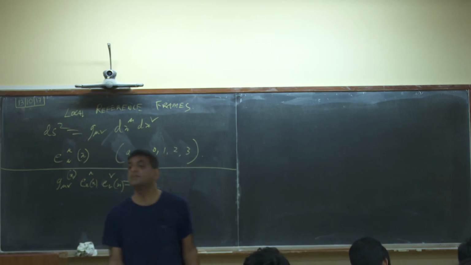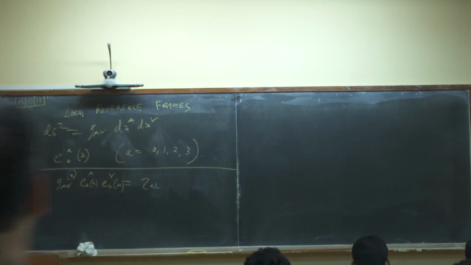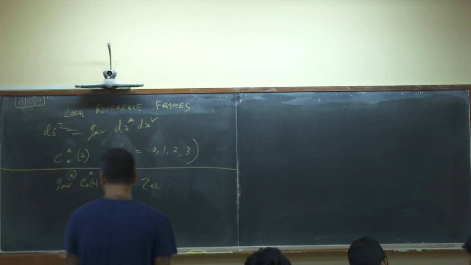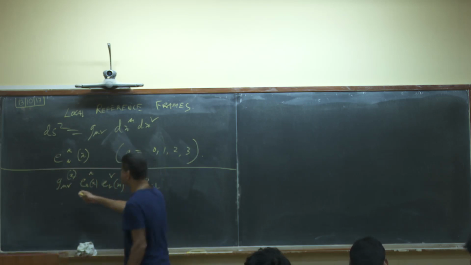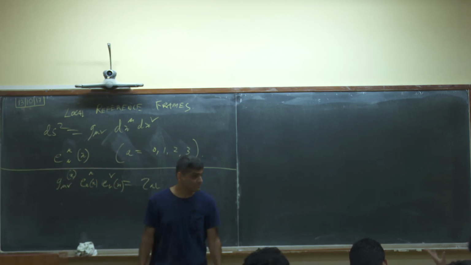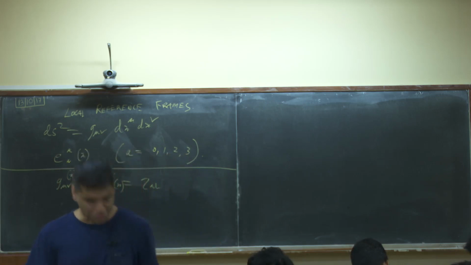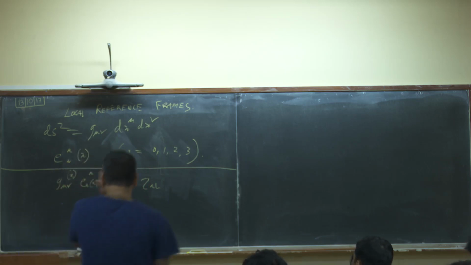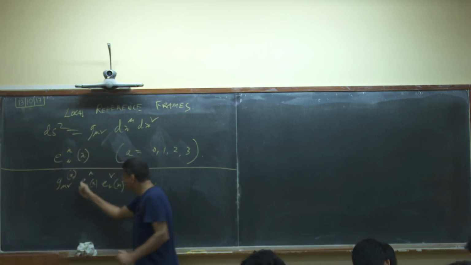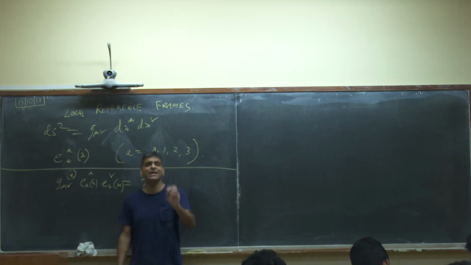Now let us first interpret this equation. What does this equation mean? First, let's look at the diagonal part of this. We're diagonalizing the space-time metric. But first, let's look at it this way. Let's look at any one of them.